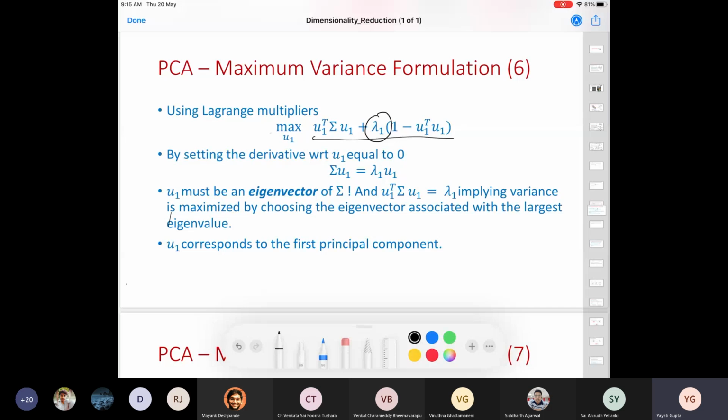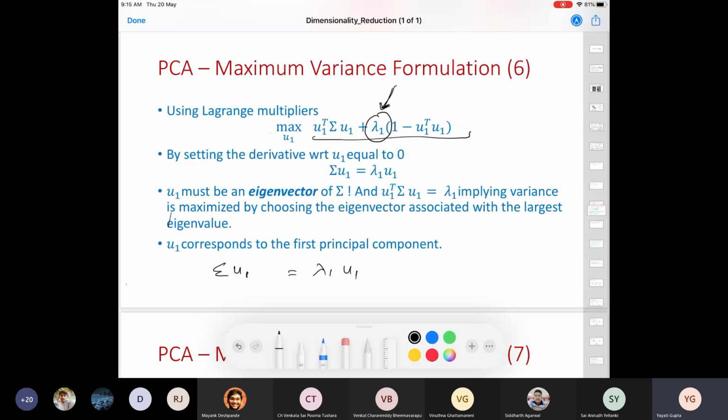So I'm going to do a small trick here. We have the equation sigma u1 equals lambda 1 u1. In this slide, the notation lambda is replaced with lambda 1.